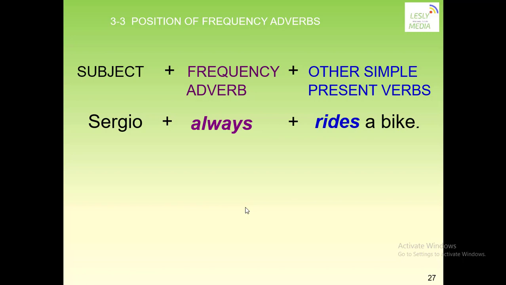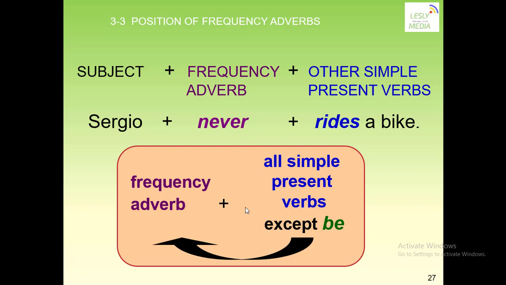Sergio always rides a bike. So subject, frequency adverb, and other simple present verbs. You can change the frequency adverb here, and again the frequency adverb is in front of all the simple present verbs except be.